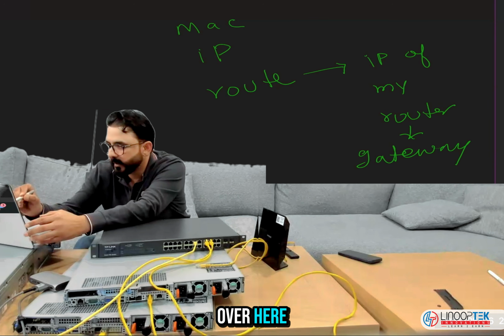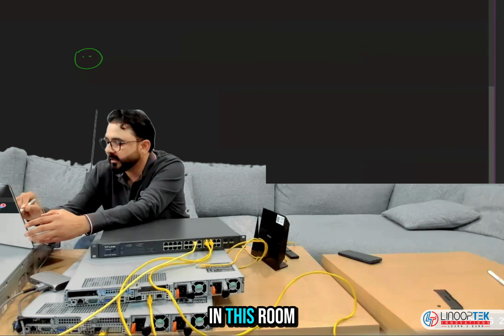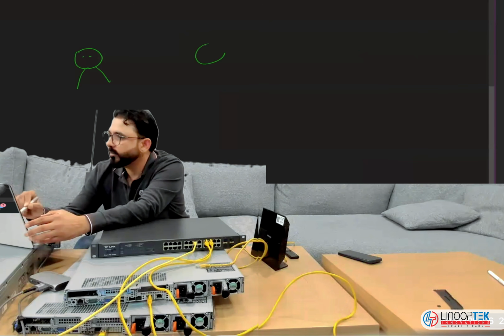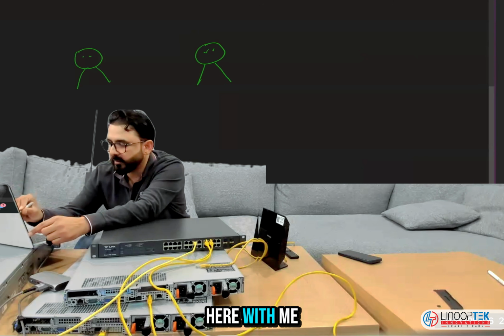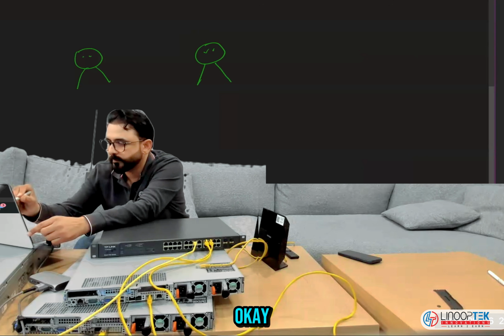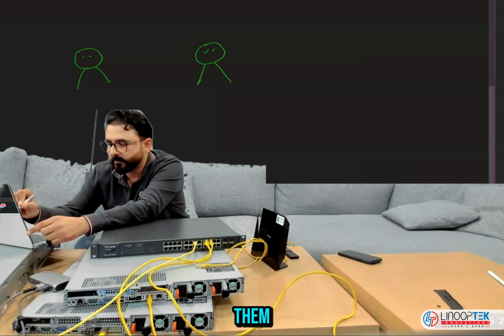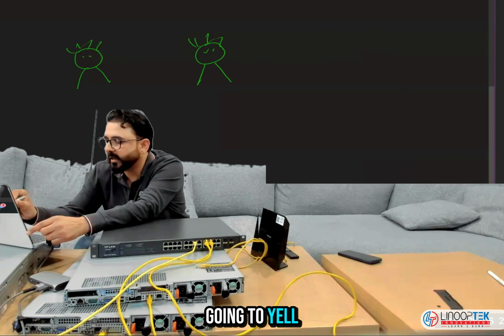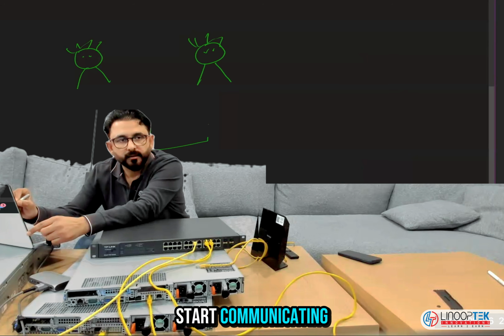Let me give you a scenario over here. I have 3 guys sitting with me in this room. I want to talk to them. I am simply going to yell at one of these guys and I'm going to start communicating.